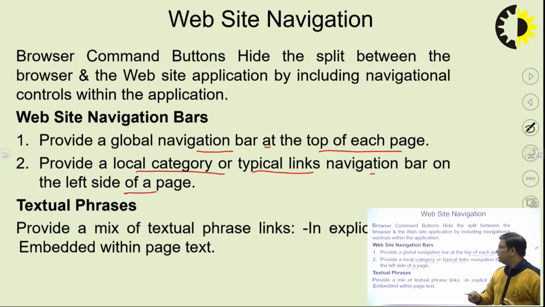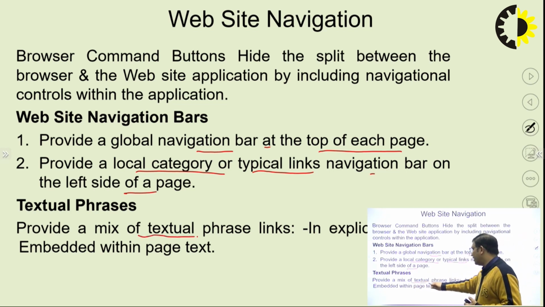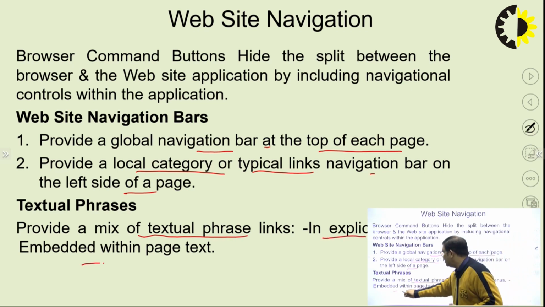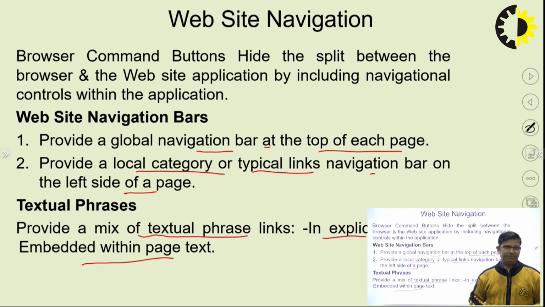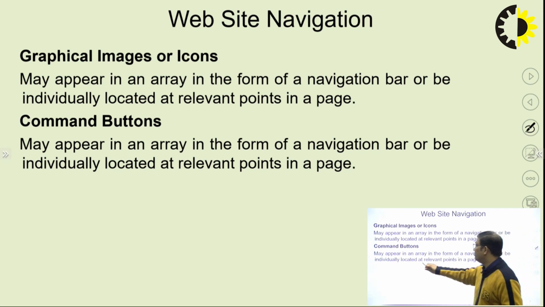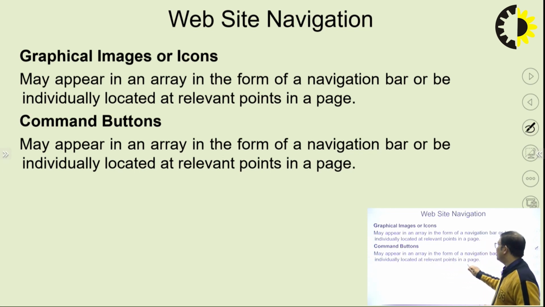Textual phrases: provide a mix of textual phrase links in explicit menus embedded within the page text. Graphical images or icons may appear in an array in the form of a navigation bar or be individually located at relevant points in a page. Command buttons may appear in an array in the form of a navigation bar or be individually located at relevant points on a page.